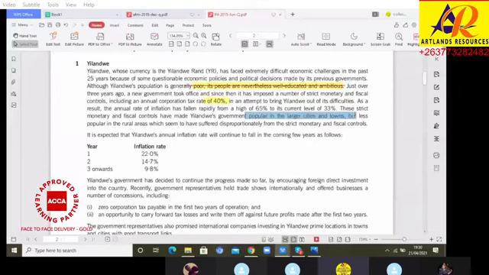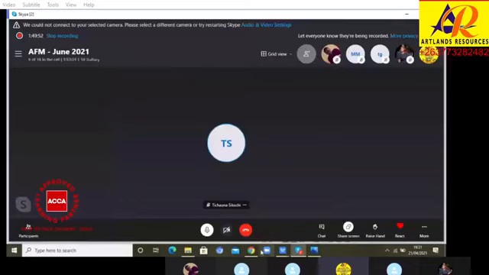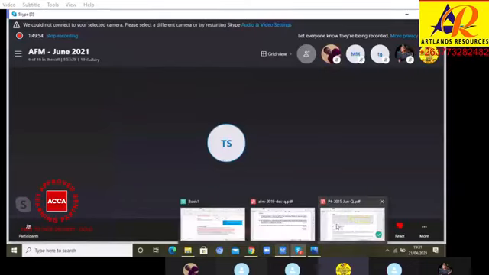All right. Okay, so continuing, it is expected that Zimbabwe's annual inflation rate will continue to fall in the coming few years as follows. Year 1, 22%, year 2, 14.7%, and year 3 onwards, 9.8%.